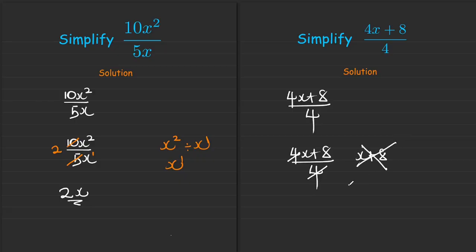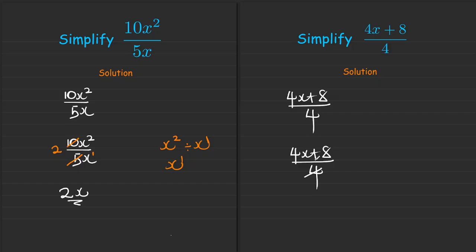This is totally wrong. You can also not say the 4 divides itself once and then it divides 8 twice. Hence, we have x plus 2. This is also wrong. We don't cancel out if the terms are adding. We rather cancel out factors and not sums or differences.